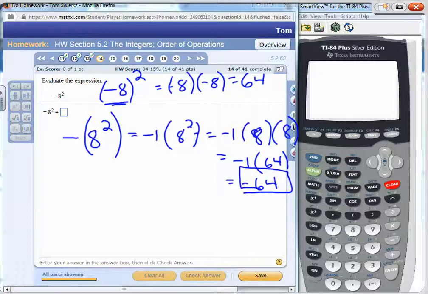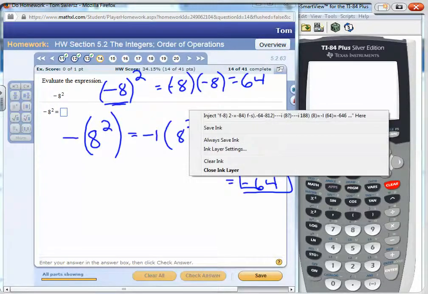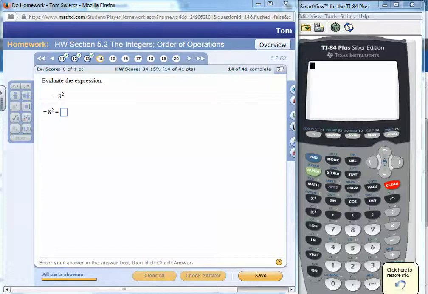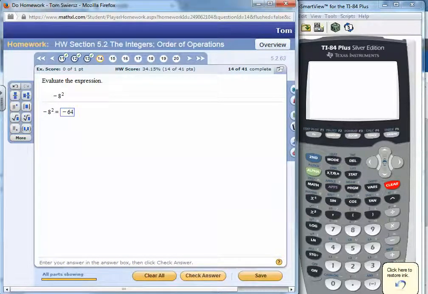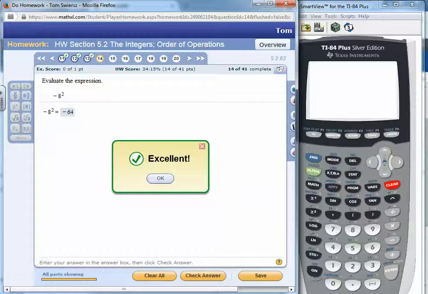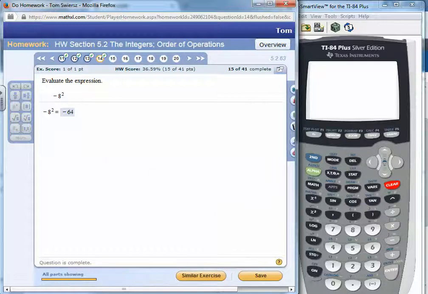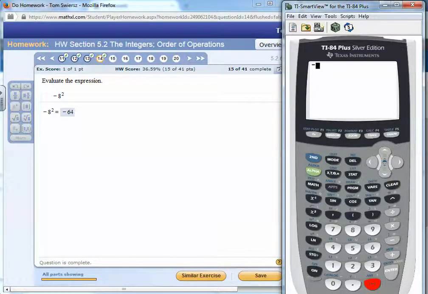Now, the good news is the calculator will do it correctly also. So let's first put in the answer, negative 64, to make sure we've got it correct. Now, in this problem, it's the negative, and then it's 8 squared, which we said is negative 64.